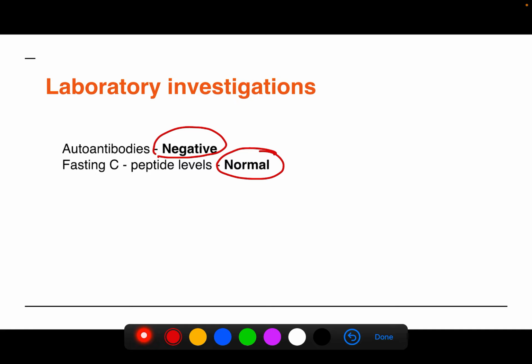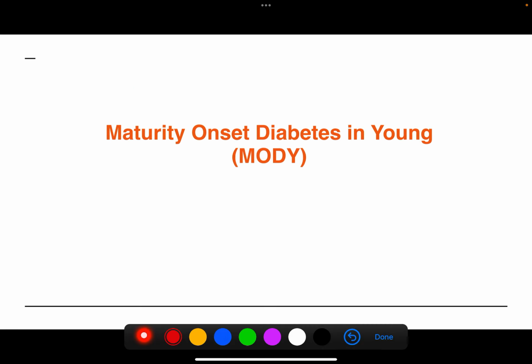A young patient having high sugar levels, but no autoantibodies and normal insulin levels. Also, this patient was asymptomatic and high sugar levels were discovered during a routine examination. All these point towards what? Maturity onset diabetes in the young, MODY.